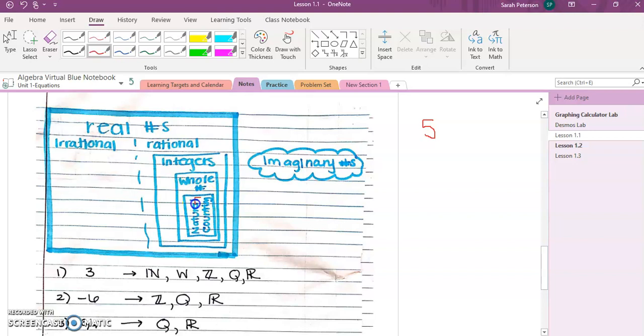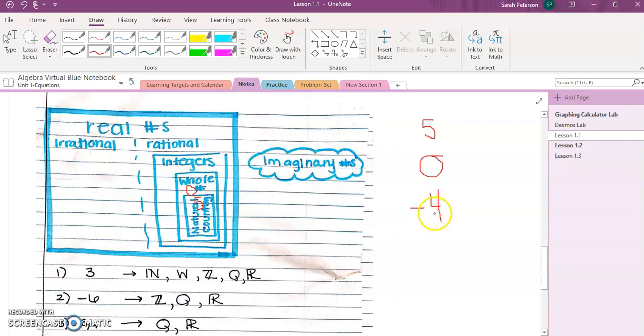So 5 can actually go in the most specific category there. The next one I want to talk about is 0. The only difference between natural and whole numbers is 0. So 0 is going to go in the whole number, but 0 is also an integer and rational, and it's also real.